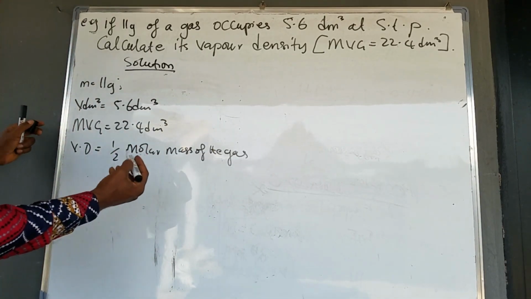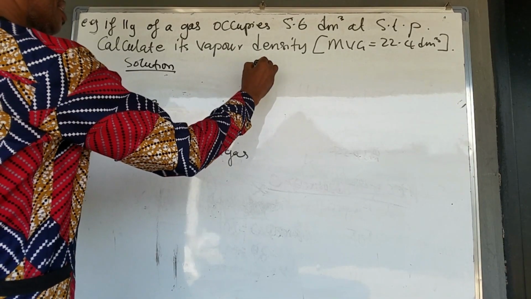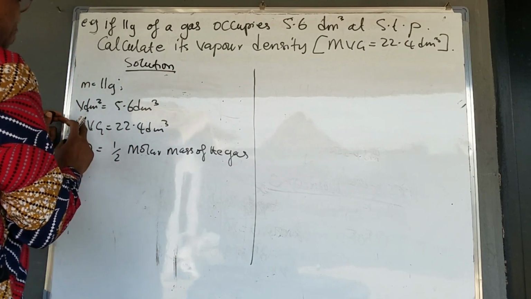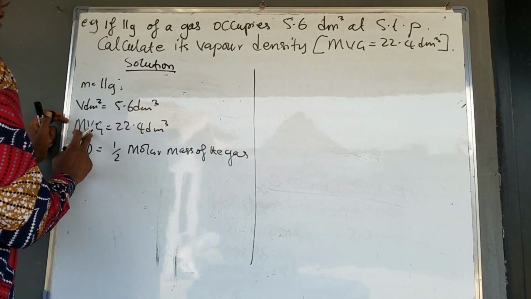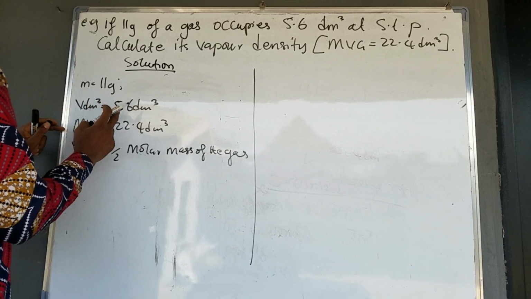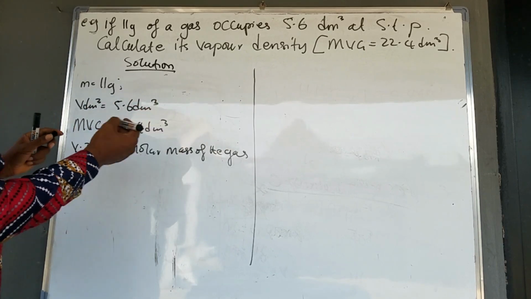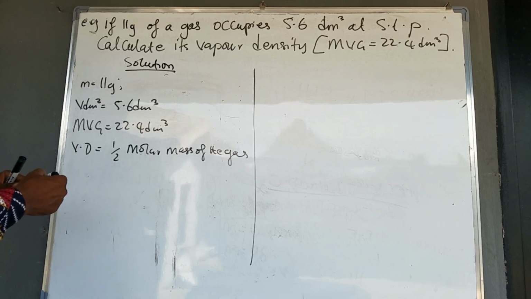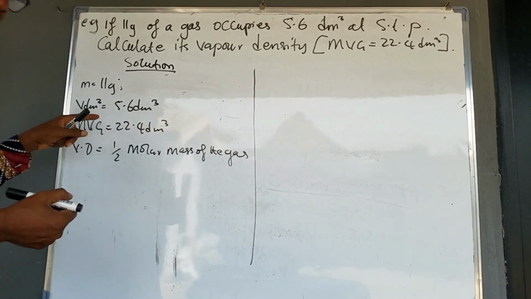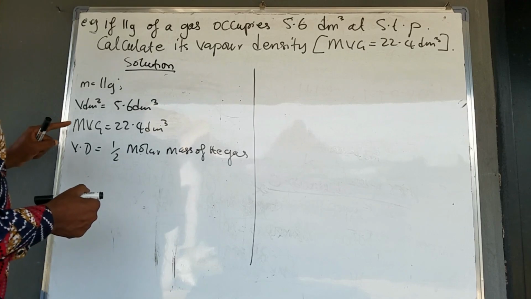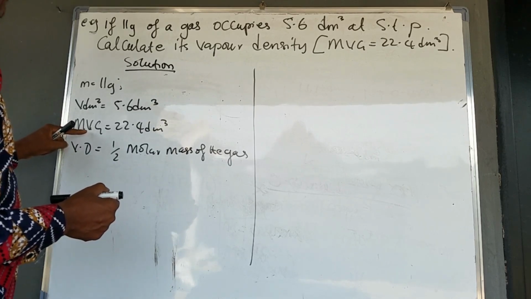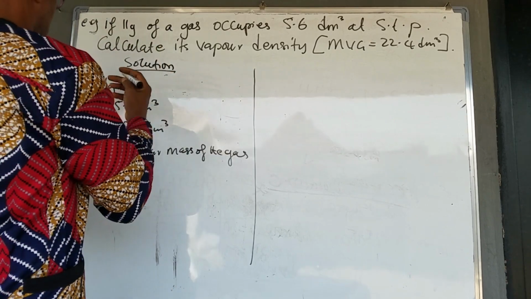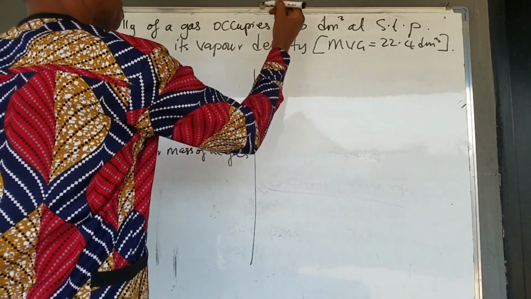So let's move on. Now, like I said, the magic formula. I have m, I have VD, I have the molar volume. So how do I come out of this? I have 11 grams of the gas. I have V as 5.6 dm³ based on the question. I have my molar volume as 22.4 dm³. So let's see what I can use here.